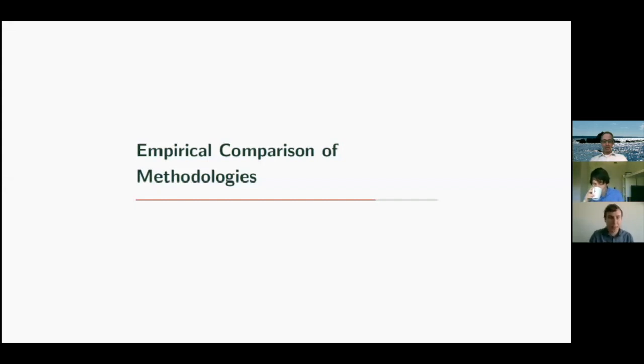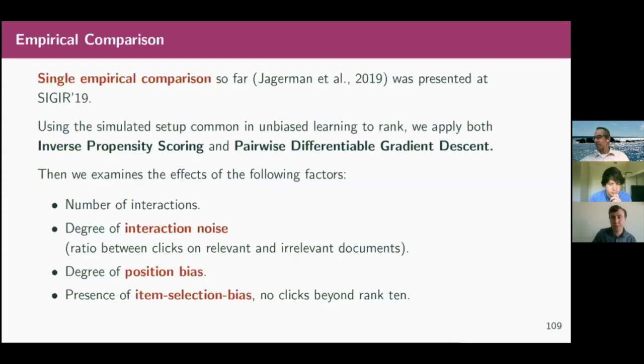So yeah, I'm going to be talking a bit about the empirical comparison of these two methodologies that we have discussed so far in this tutorial, both the counterfactual and the online part. So far, there has been a single empirical comparison of these two methodologies that was presented at SIGIR last year.